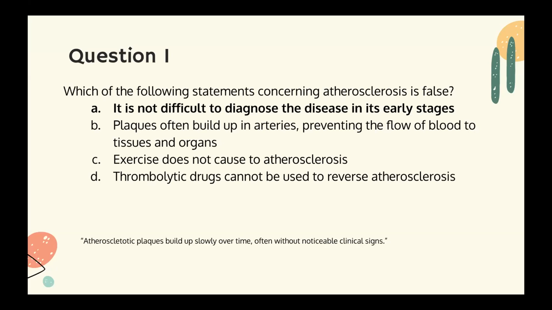It doesn't state that exercise causes atherosclerosis. D is also true because it's used as a treatment when someone is having MI, also known as a heart attack. This medication is used to dissolve the thrombus, the blood clot, in coronary arteries and restores blood flow. So it's not used to treat atherosclerosis or reverse it.